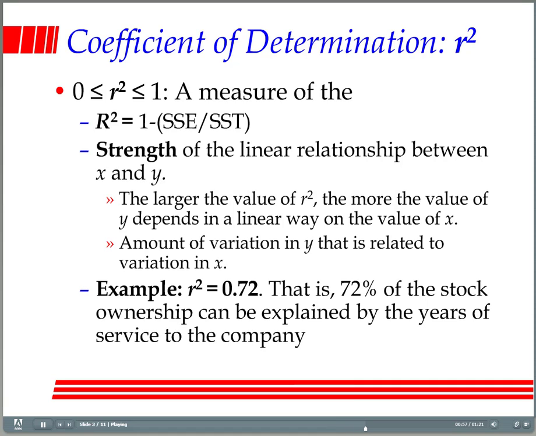For example, with the stock example we used in the last part, r squared is equal to 0.72. Our interpretation is that 72% of the variation in stock ownership can be explained by the independent variable x. And this is helpful to know.